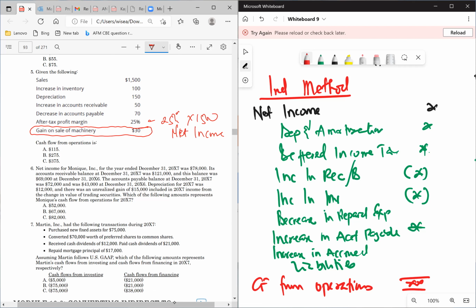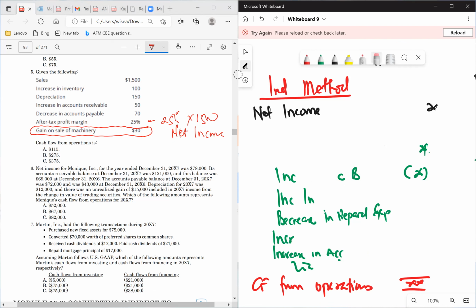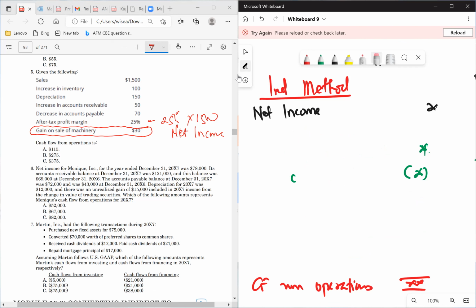Then depreciation will be added. So for this particular question, to get cash flow from operating activities, the net income will be 25% of 1,500, which will be the net income after tax.